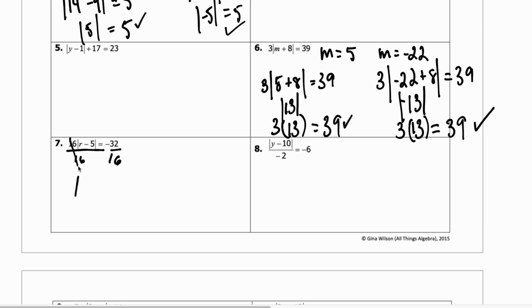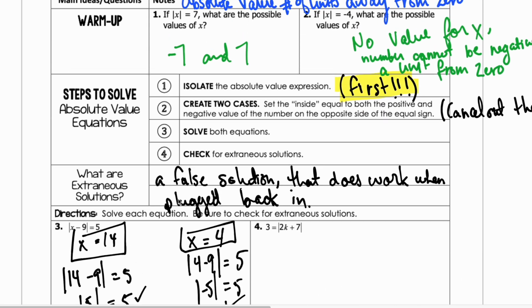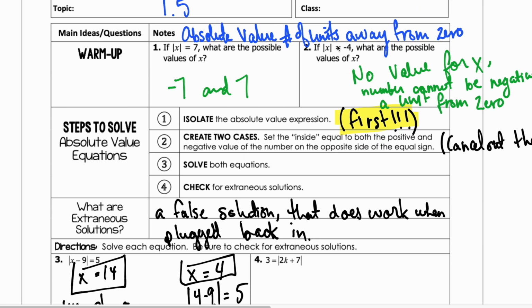So now we have the absolute value of r minus 5 equals negative 2. All right, next step would tell us to solve, but if you remember back when we were taking our notes on this, back at the top of your page, that anything inside the absolute value symbol cannot equal a negative number.